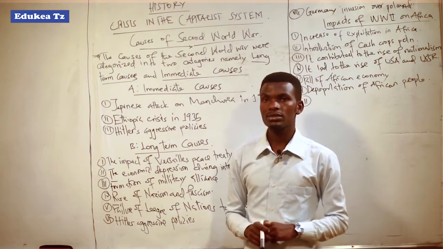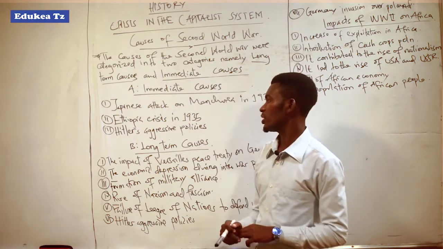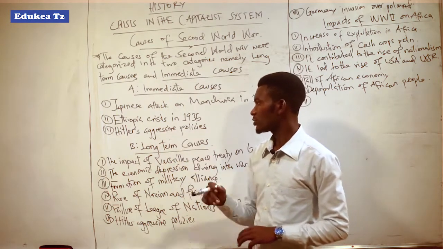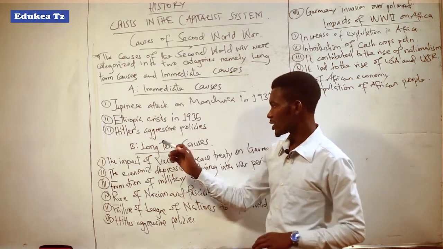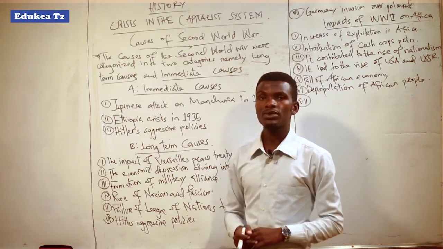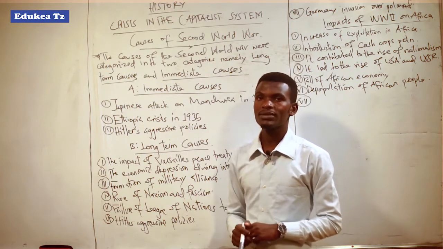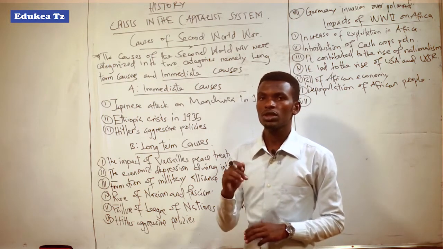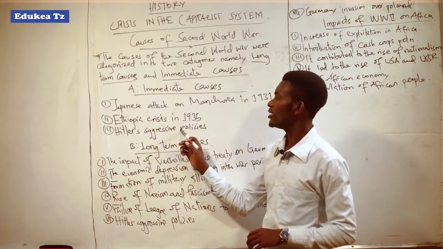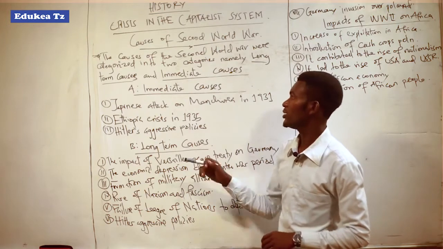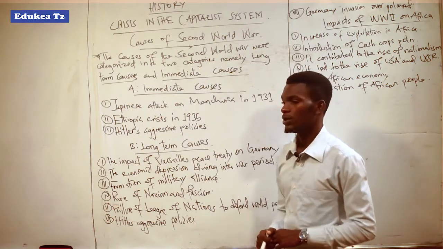So the policies which were agreed during the Versailles Peace Treaty led Adolf Hitler to expand himself and develop various troops which could help Germany to invade other nations, and as a result led to the occurrence of the Second World War.